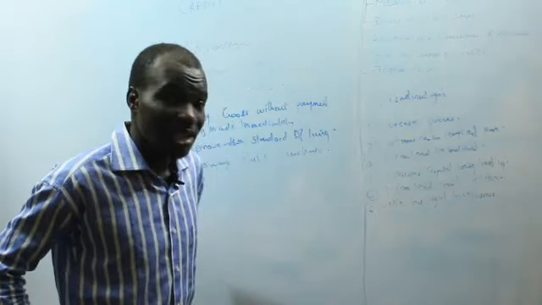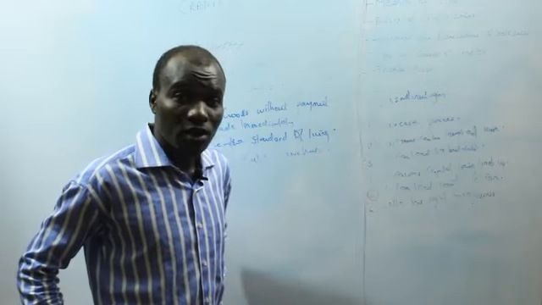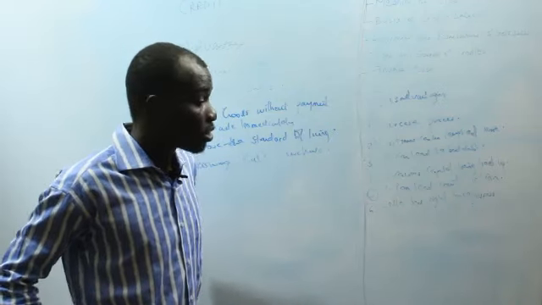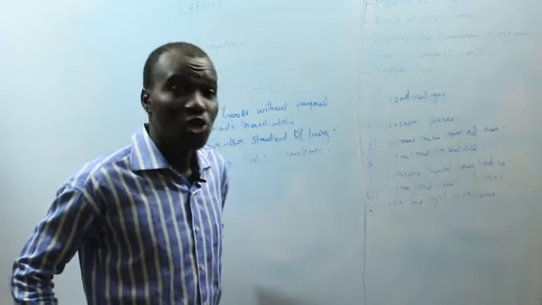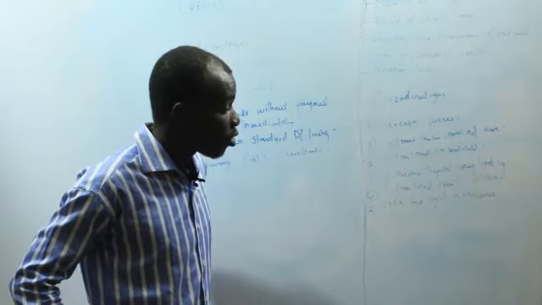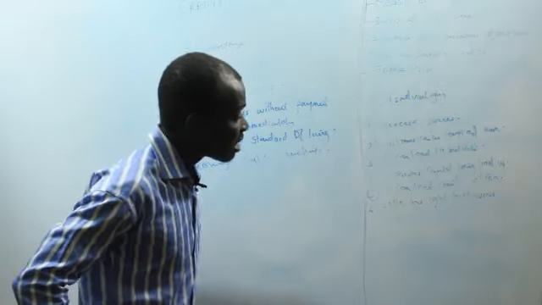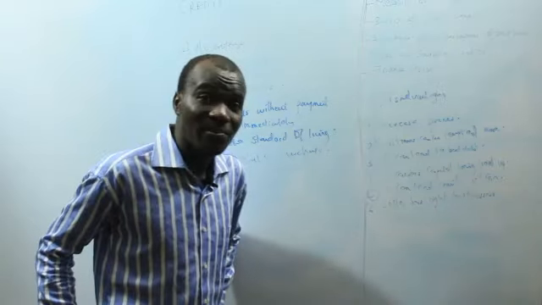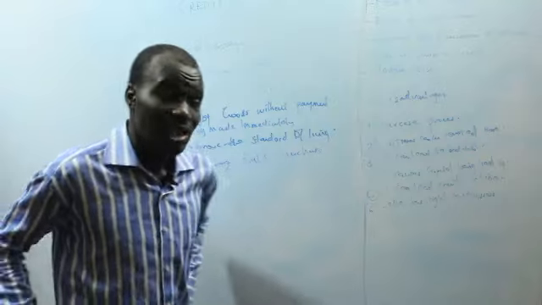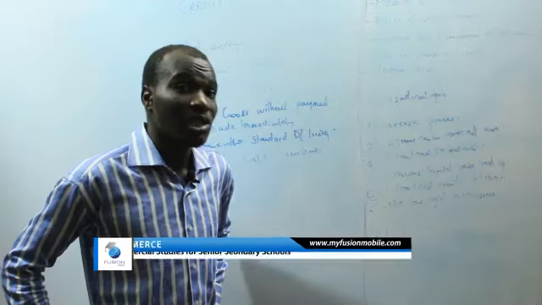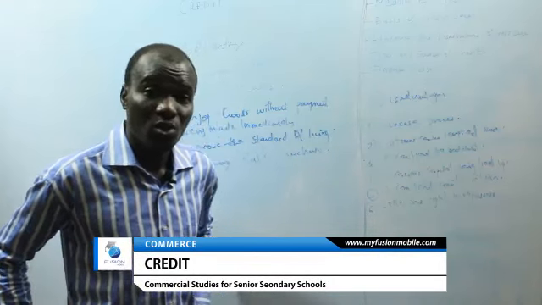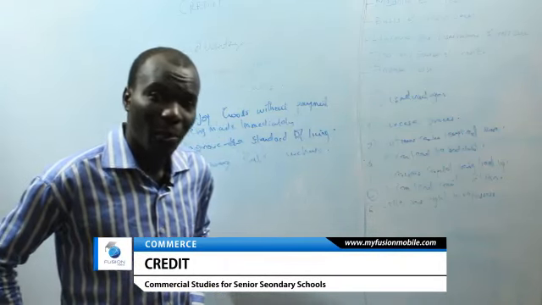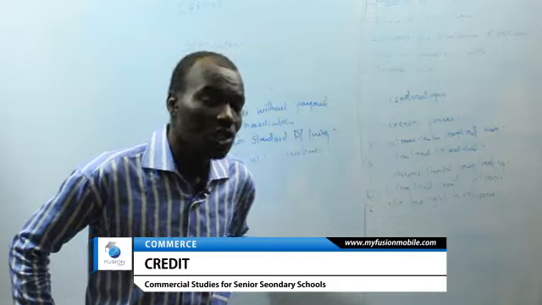It means the seller has the right to sue the buyer for refusing to meet up with his obligation. Now the next thing is that the seller has the right to repossess in some aspects of credit sales, no matter the number of installments the buyer has paid. In some aspects of credit sales like hire purchase, the seller usually has the right to repossess.